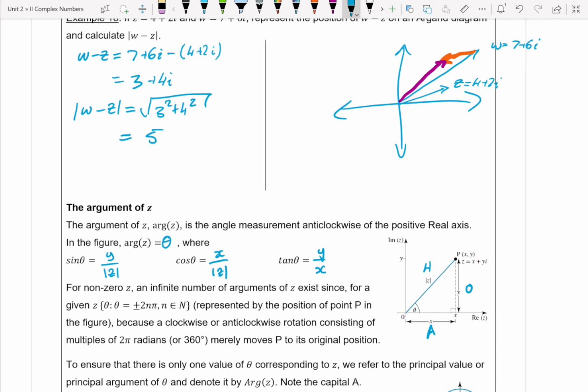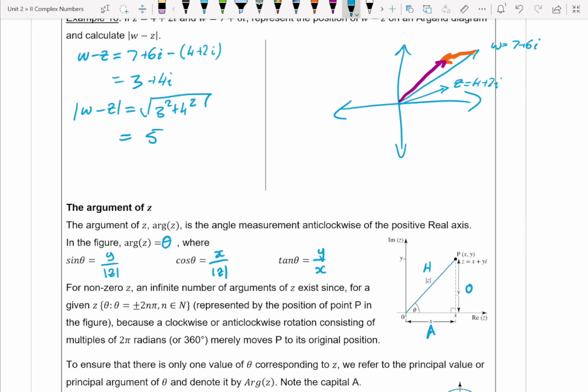Because clockwise and anti-clockwise rotations consisting of multiples of 2π radians or 360 degrees merely move P to its original position, to ensure that there is only one value of theta corresponding to z, we refer to the principal value or principal argument.